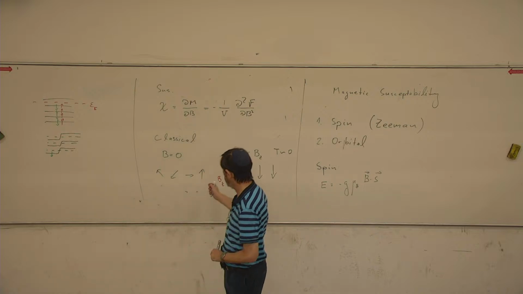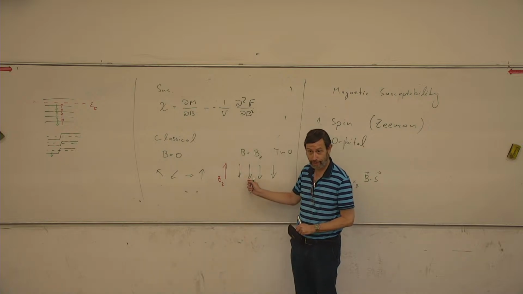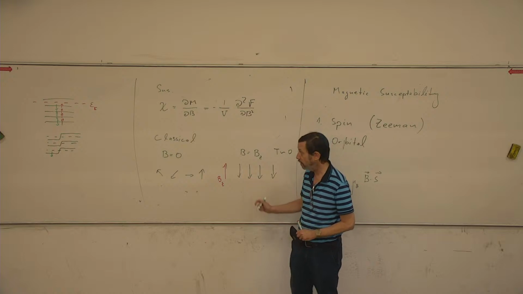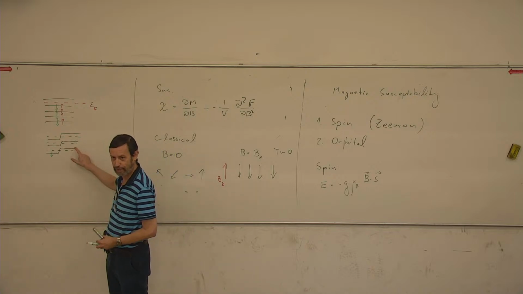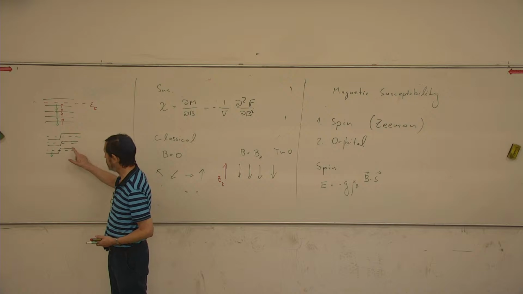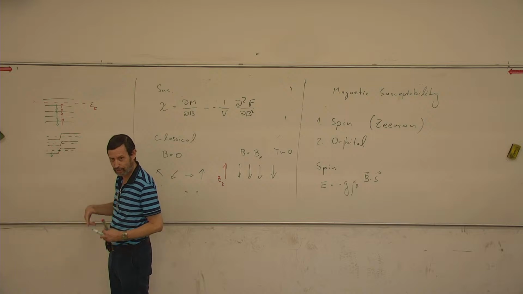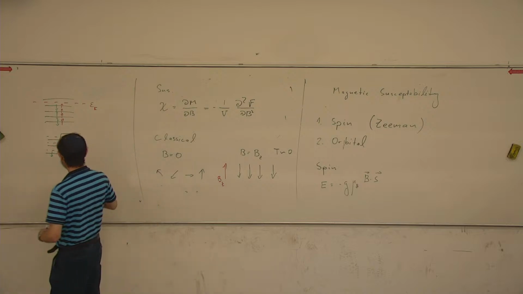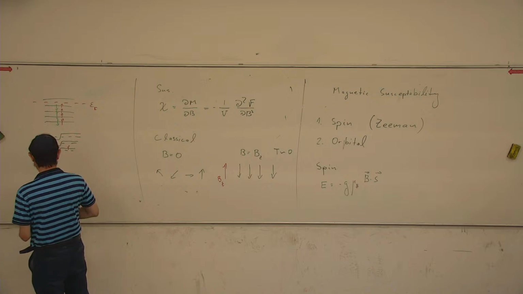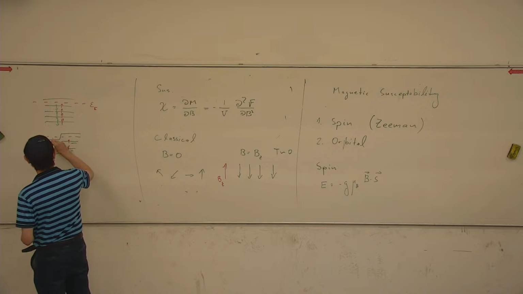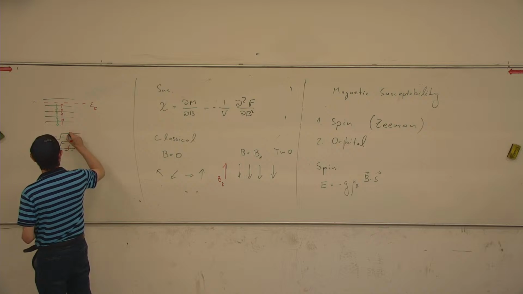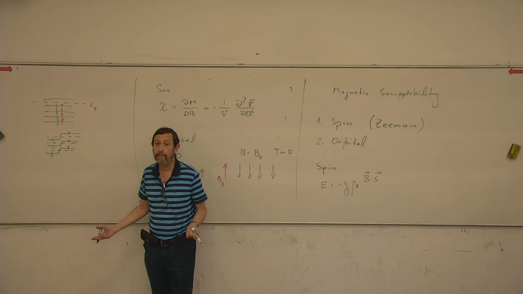The next one, which according to the classical description should also be a spin down, says one minute, I'm ready to pay the additional energy of being with spin up, because it's still cheaper than going into the next state with spin down. So basically nothing happened.